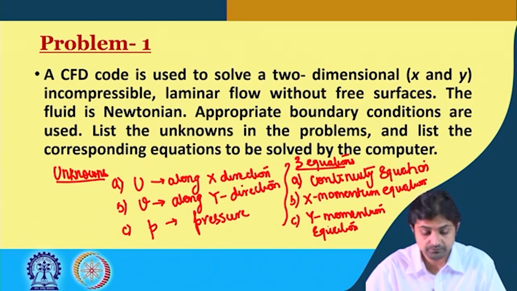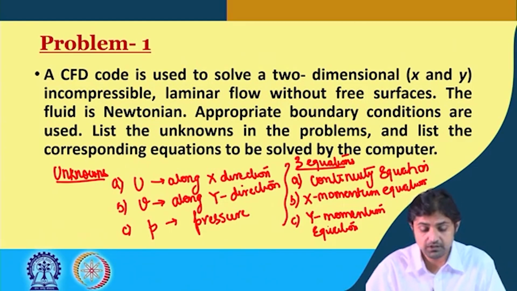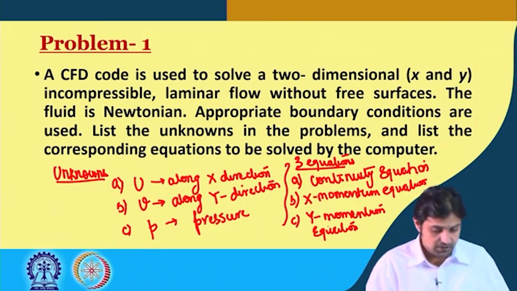All right. So this was quite simple to guess: in two dimensions the velocities and the pressure are the unknowns, and therefore to solve we just need three equations: continuity, x momentum and y momentum equations.